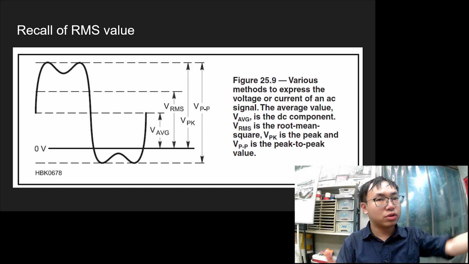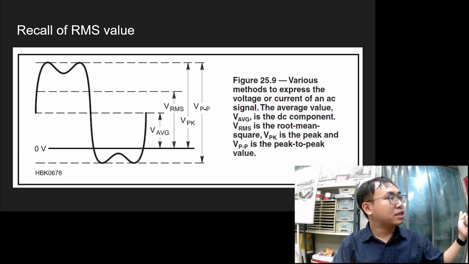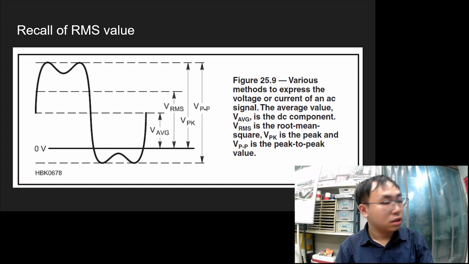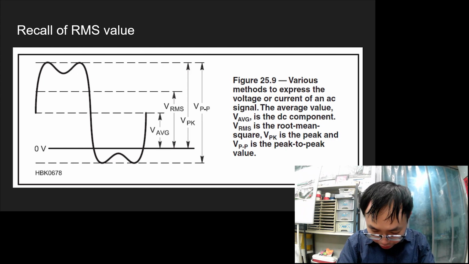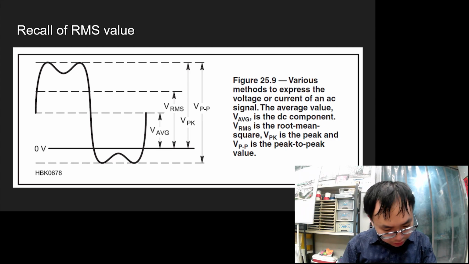Still remember how we measure these different numbers? Let me try. I want to explain it once again because it is quite important if they ask you about it or compare it with DC.